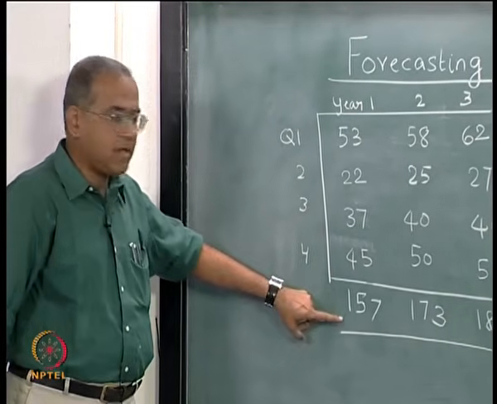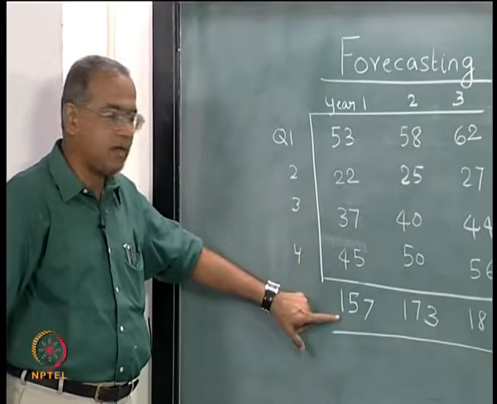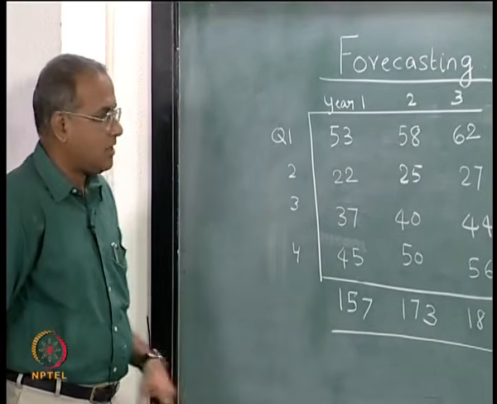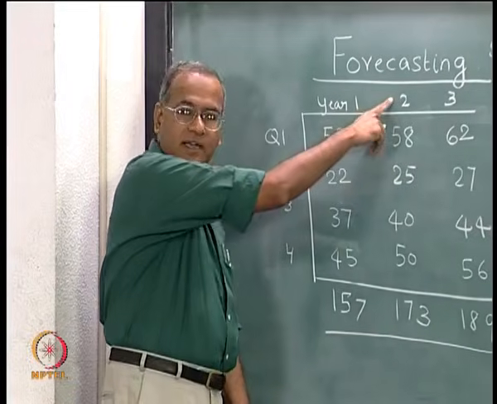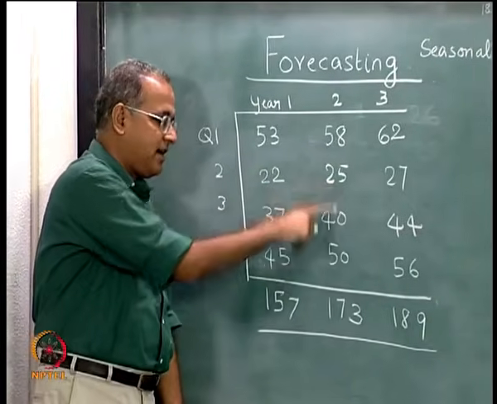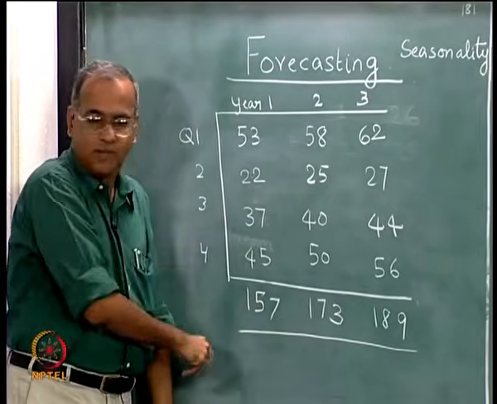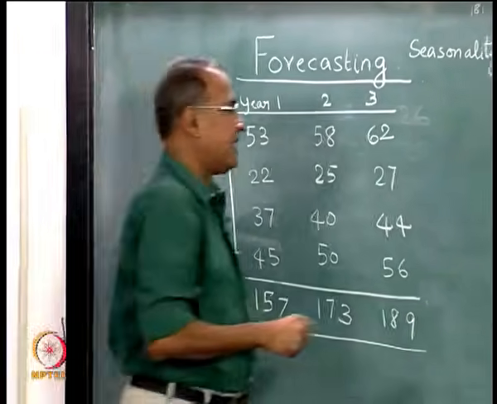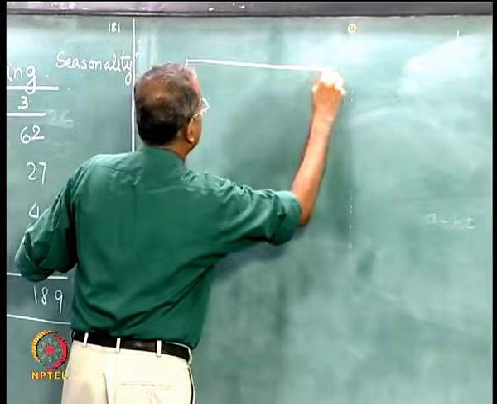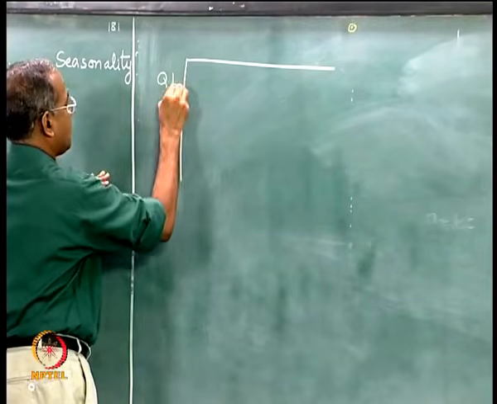Then 22 divided by 157, 37 divided by 157 and 45 divided by 157. Again, the seasonality index in the second year will be 58 divided by 173, 25 divided by 173 and so on. So, we compute the seasonality indices for the 3 years and for the 4 quarters.